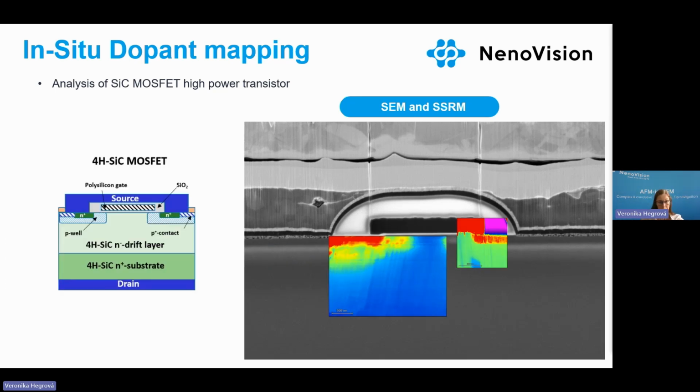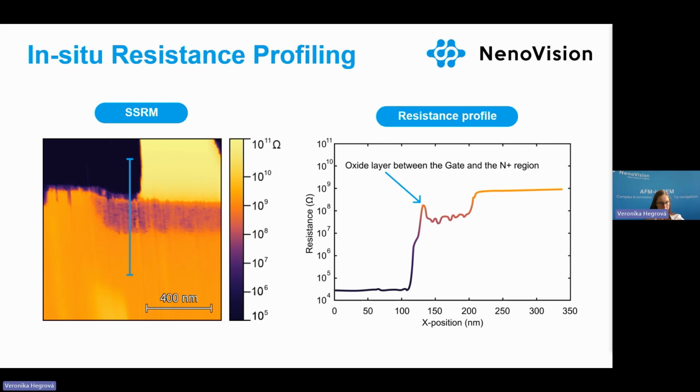We can also play with the contrast. So as we can see, we can find the best possible way to see the implants and see the shapes. We can also do the profiles, so you can see the resistance profile and analyze the size of the oxide layer between the gate and the N+ region.